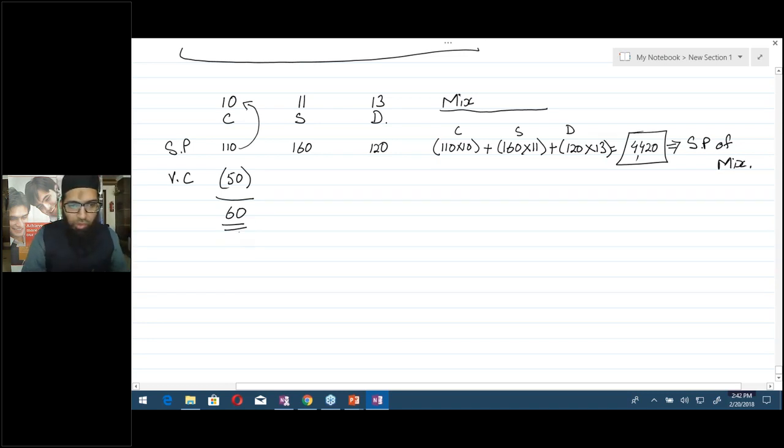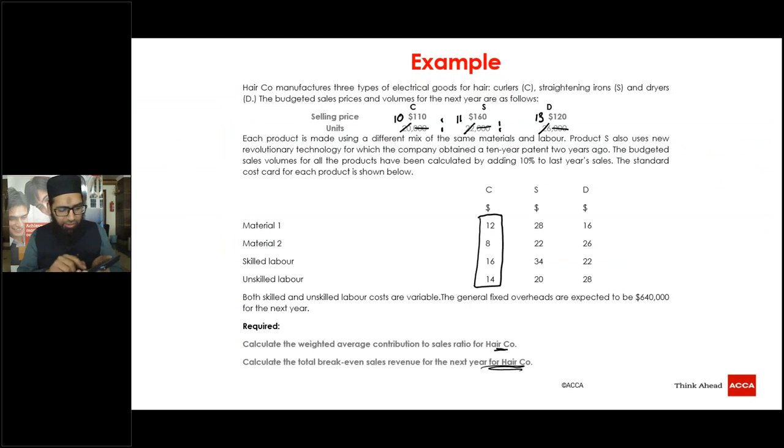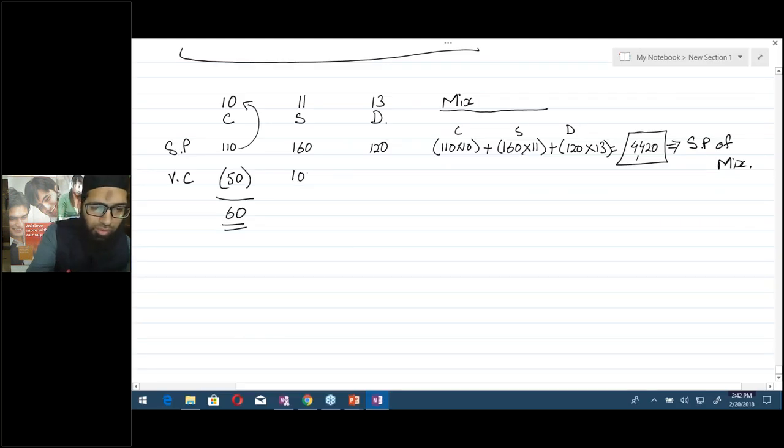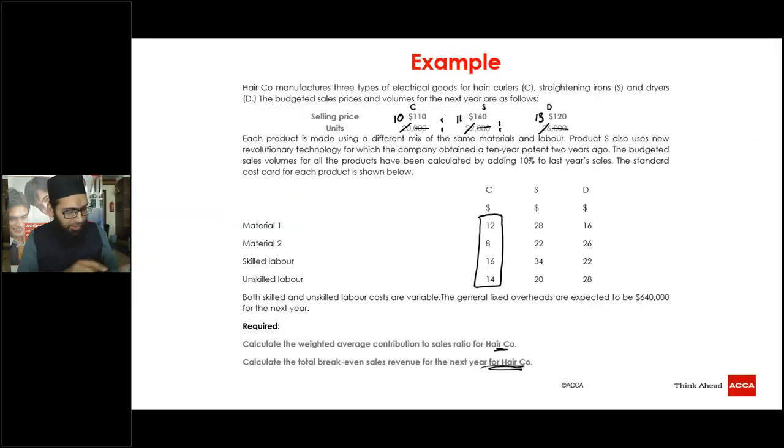Similarly, for product S it is 28 plus 22 plus 34 plus 20. So it is 104. That means the contribution per unit will be 56. And for D it will be 16 plus 26 plus 22 plus 28.